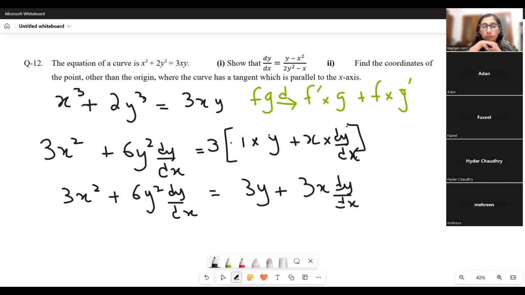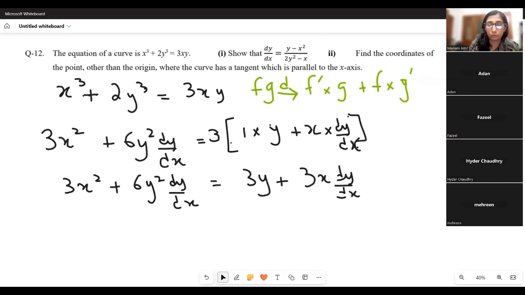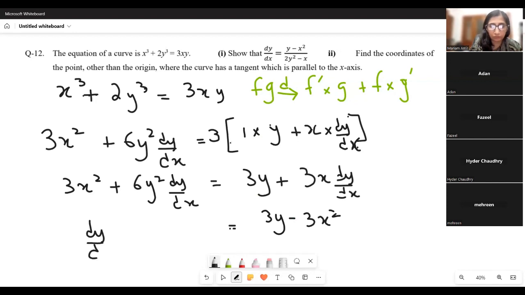So bring dy over dx to the same side and 3y and 3x squared to the same side. So I'm going to write 3y minus 3x squared. And simultaneously, I'm going to take dy over dx common. And in the bracket, I'm getting 6y squared minus 3x.